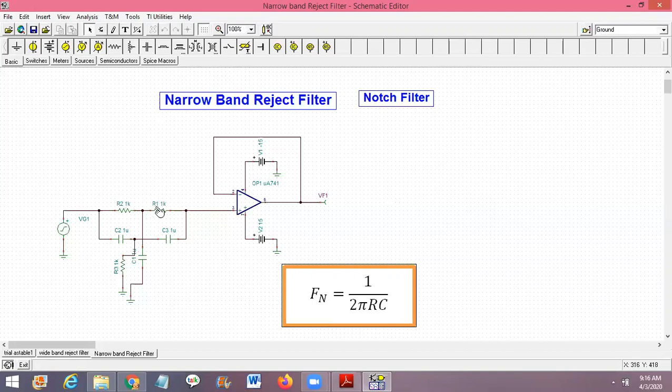Then the value of C, as usual, you have to assume. How much? 0.05 or 0.01 microfarad, which should be less than or equal to 1 microfarad. This is how you design it.